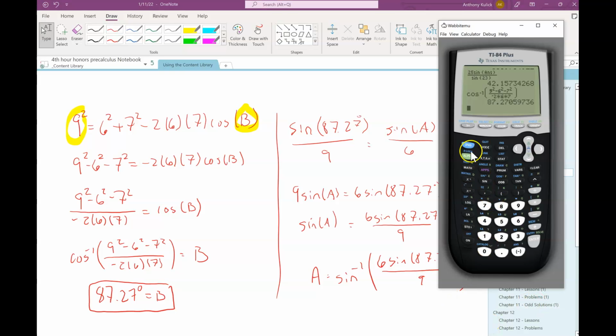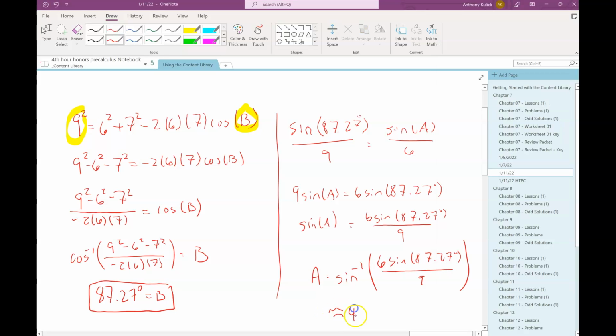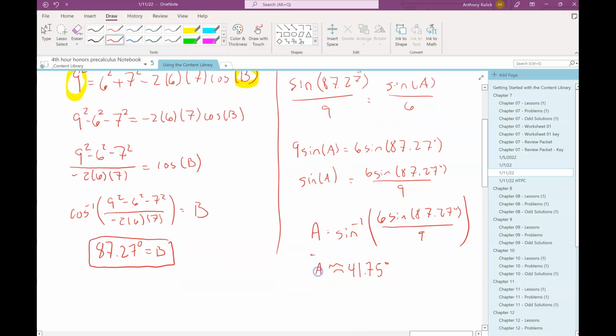It's calculator time. So 4175 for this one. And then angle C, I can get quite easily just using the triangle sum theorem.